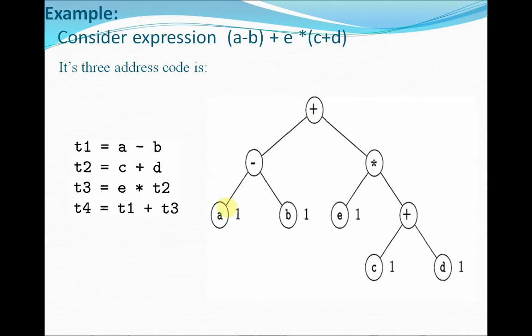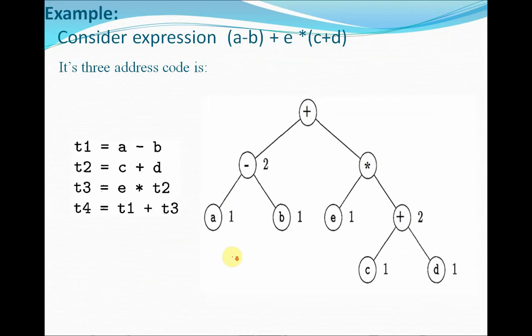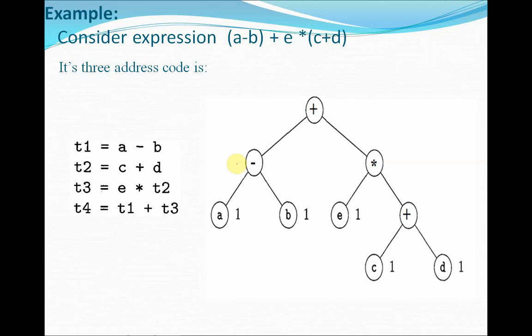First, the label of a leaf node is always 1 by rule number 1. Next we have to compute the interior node values. It is an interior node and matches rule number 3, having two children whose labels are the same.